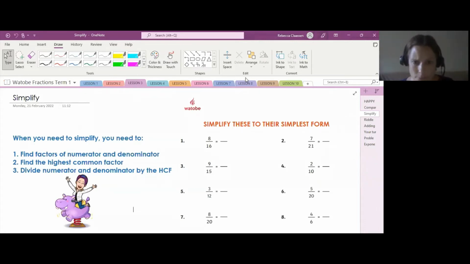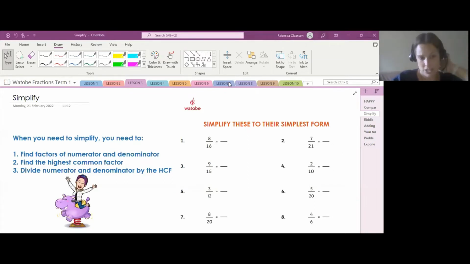Okay. So we are going to have a look quickly at simplifying fractions. We're going to race through this bit. When you need to simplify, because they're always going to ask you to simplify your fractions, that means you're going to take it down to the smallest numerator and denominator that you can. So you always want to go as small as you possibly can, and that will help you make it a nice simplified fraction.